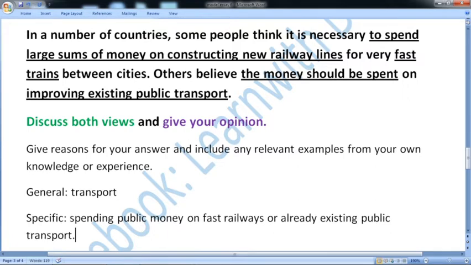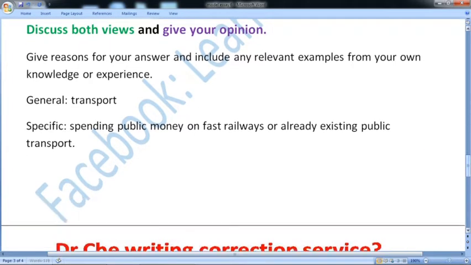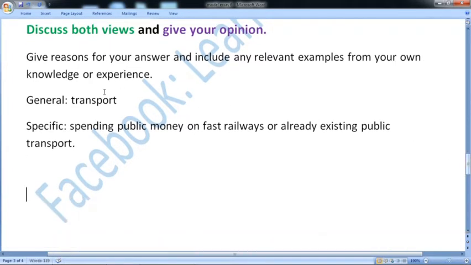So this is the general topic, this is the specific topic. You don't need to write the general topic and specific topic in your real exam. Just keep in mind that you have to write the introduction and write to the point.